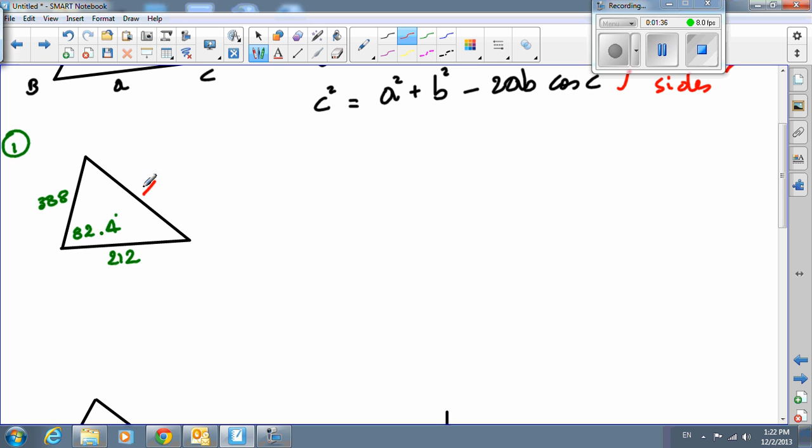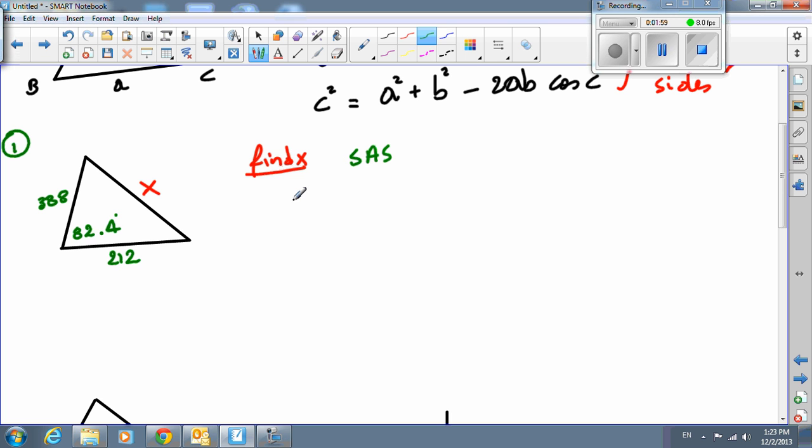My goal is to find x, which is this side. To find x, I will find the relationship between x and the given sides and angle. This is a side-angle-side, and all side-angle-side triangles are unique, so the value of x is unique.